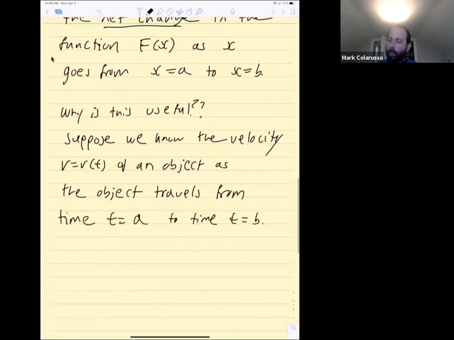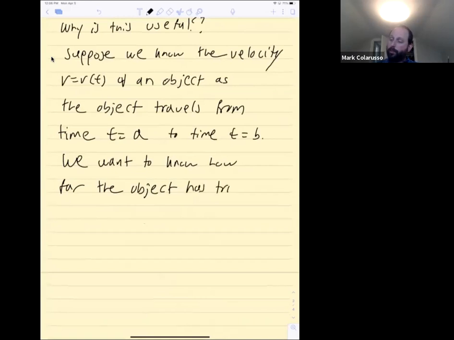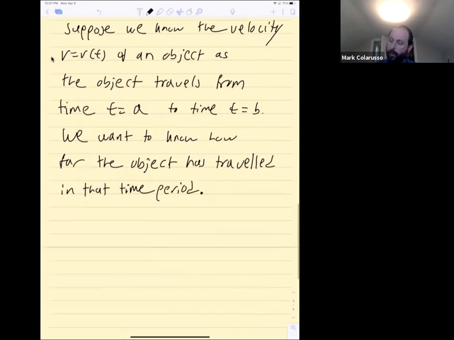So we know the velocity, we are observing the velocity, and we want to know how far the object has traveled in that time period. That's what we want to know.